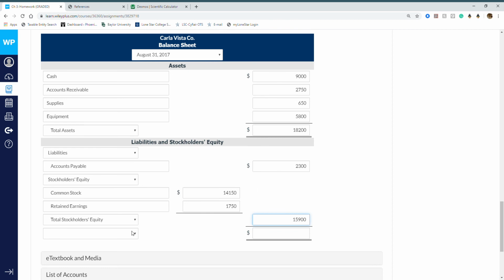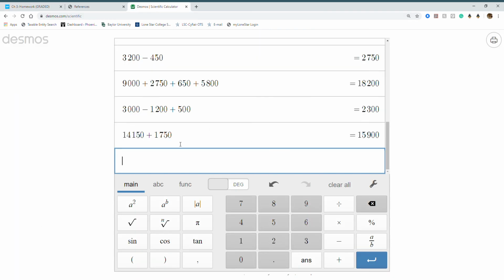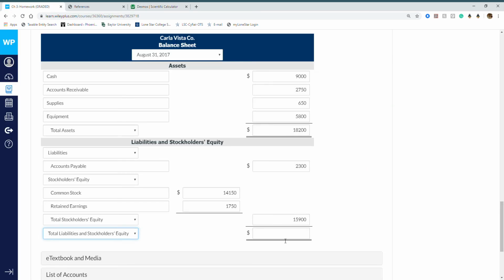And then make sure you add it to the 2,300 just like before. So right there, we come out to 18,200.